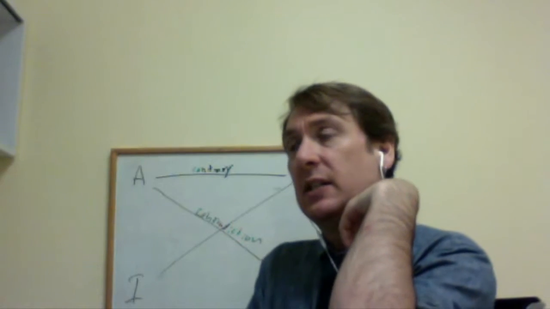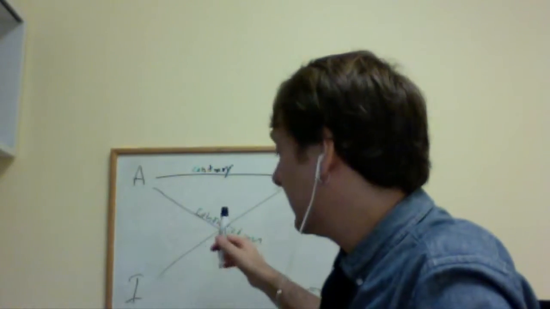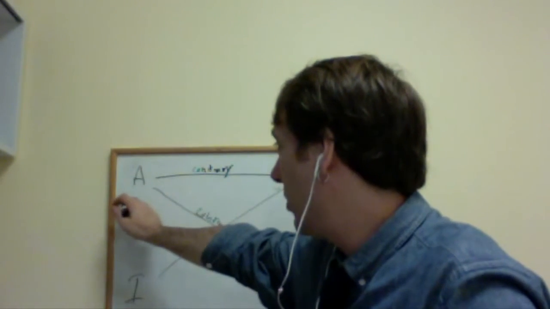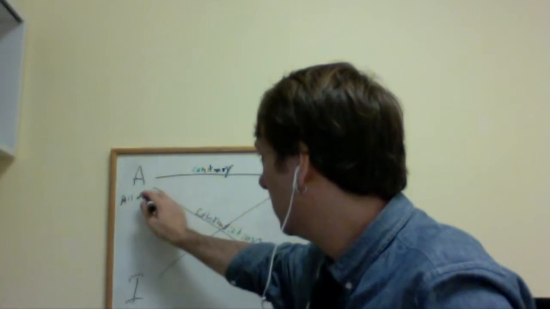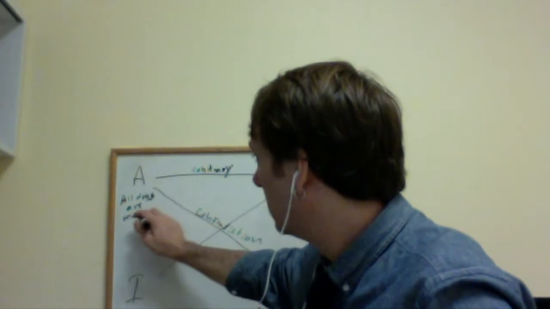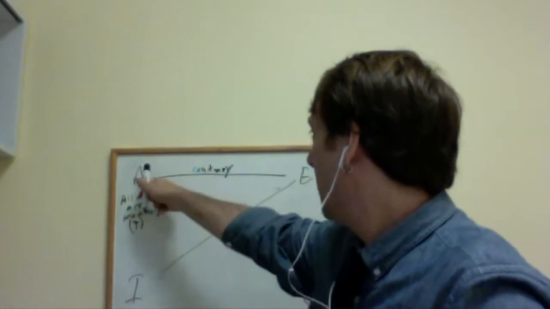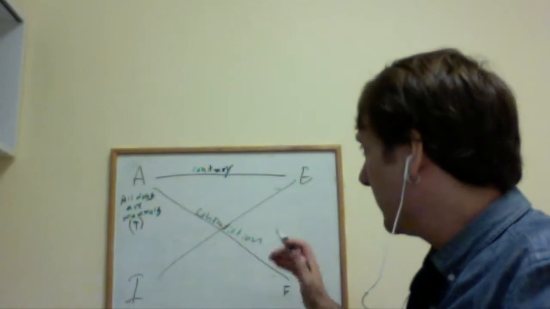So for instance, take the A sentence: all dogs are mammals. We know that's true, and therefore we know that the O sentence has to be false, that some dogs are not mammals.